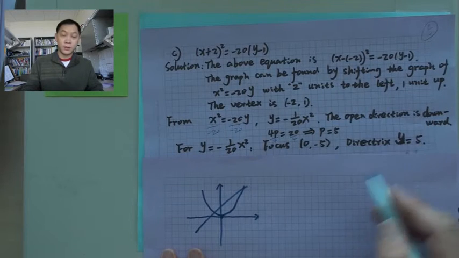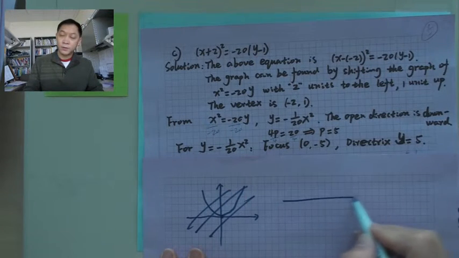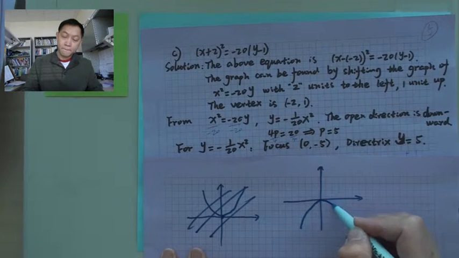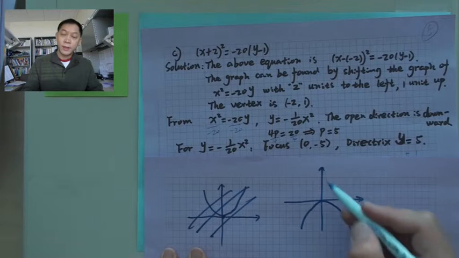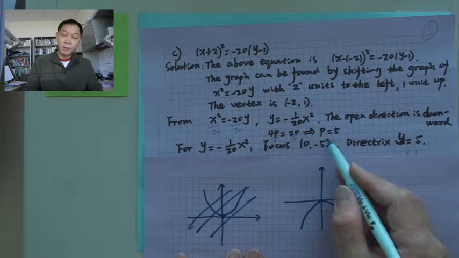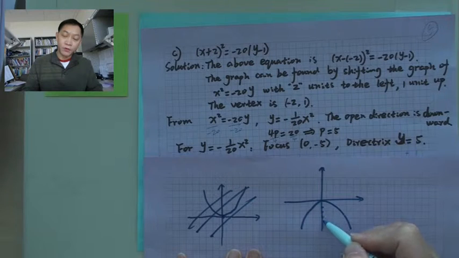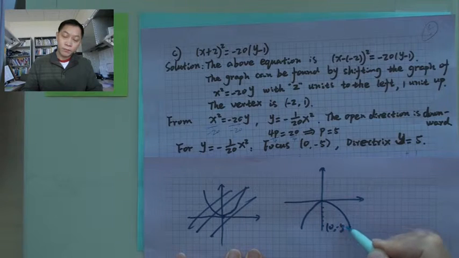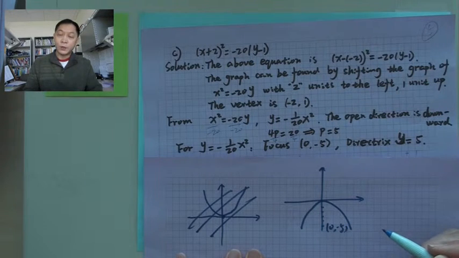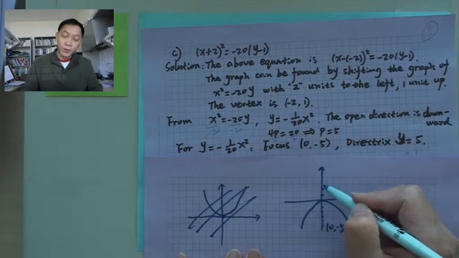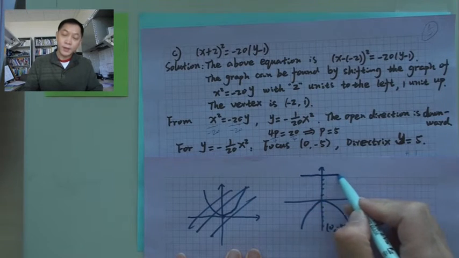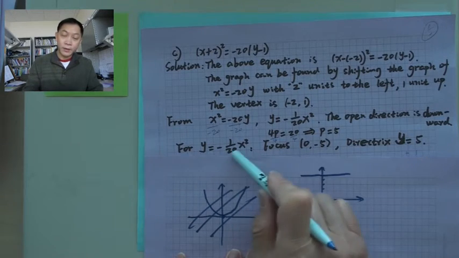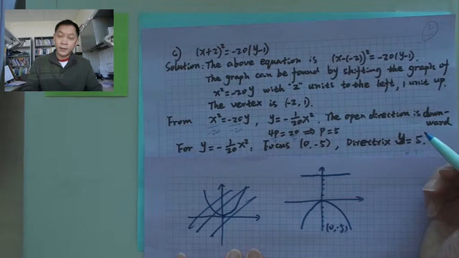So it's not this one. It's like that. And you have p, so you count 1, 2, 3, 4, 5, and then you have the focus at 0, -5. And you know the directrix will be at 1, 2, 3, 4, 5 up there. That's basically for this one.